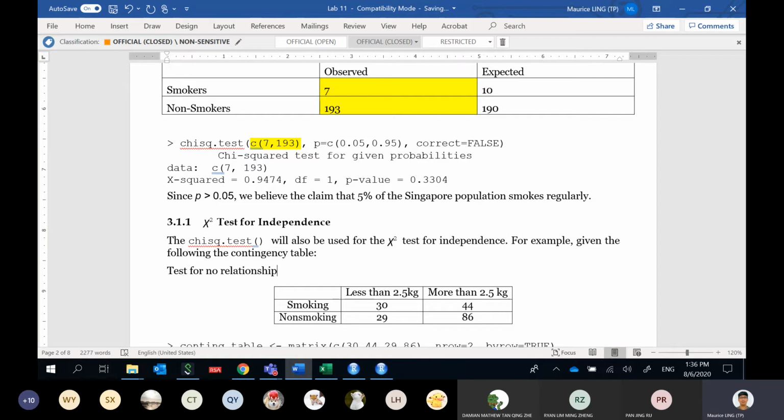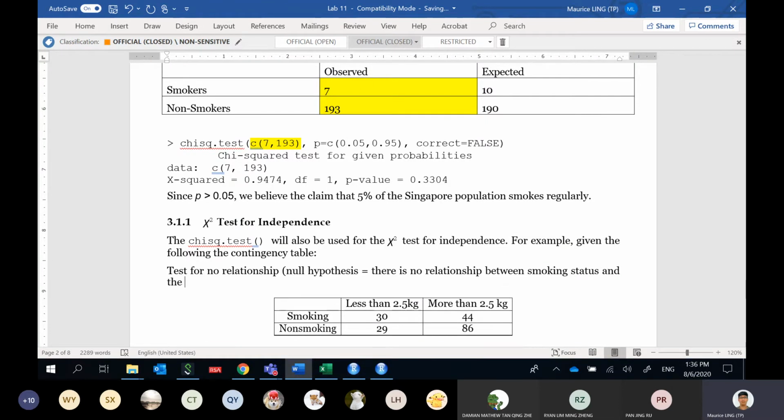It means that your null hypothesis is that there is no relationship between smoking status and the birth weight of infants.